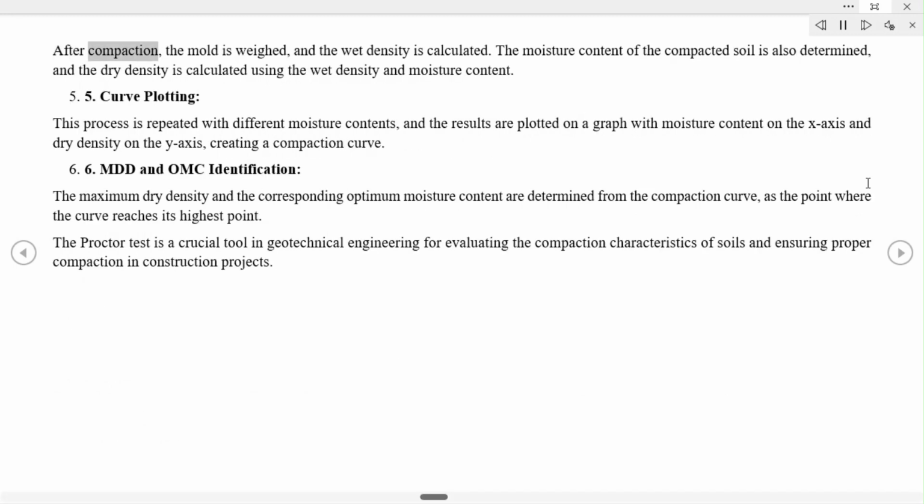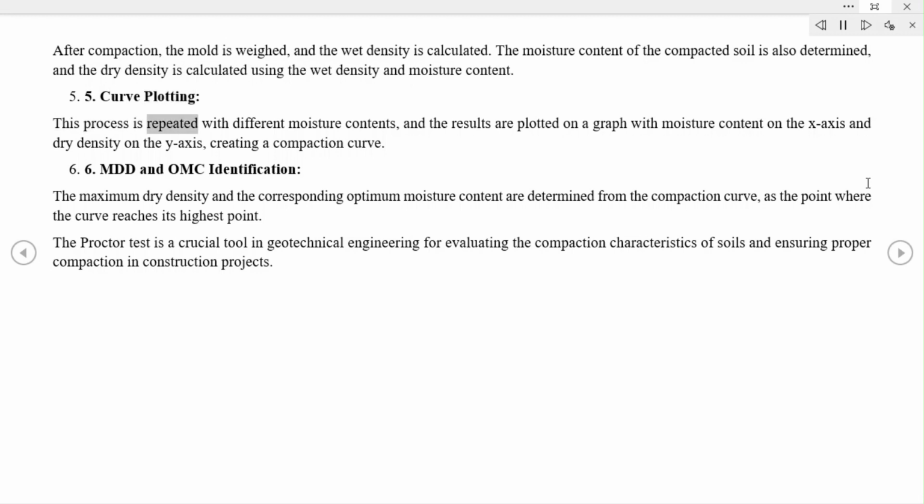4. Moisture content and dry density determination. After compaction, the mold is weighed, and the wet density is calculated. The moisture content of the compacted soil is also determined, and the dry density is calculated using the wet density and moisture content. 5. Curve plotting.